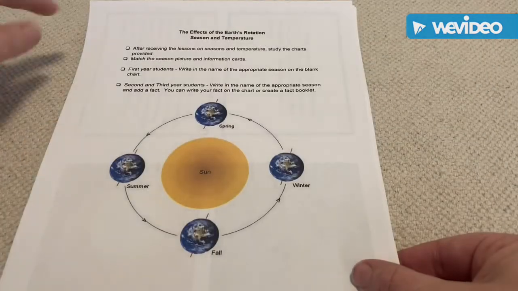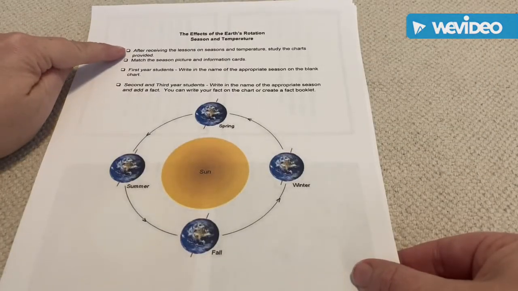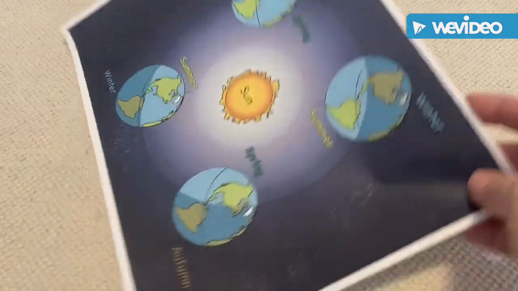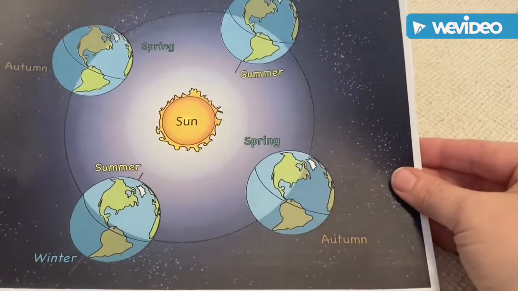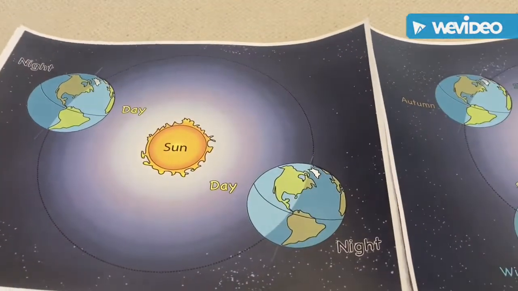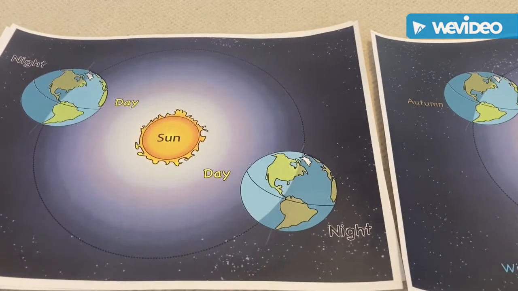The first instruction on our seasons work is to receive the lesson on seasons and temperature and study the charts provided. So let's take a look at those charts. You should have a chart that looks like this with the seasons, and you should also have a chart that looks like this with the day and the night.